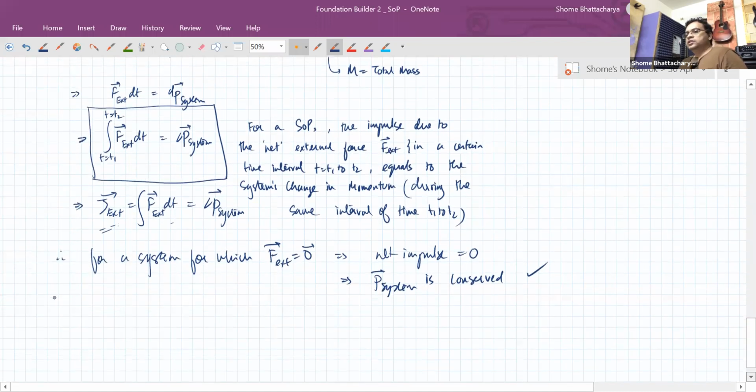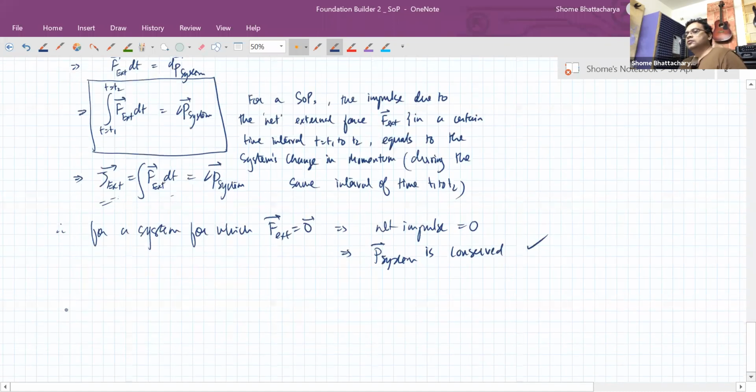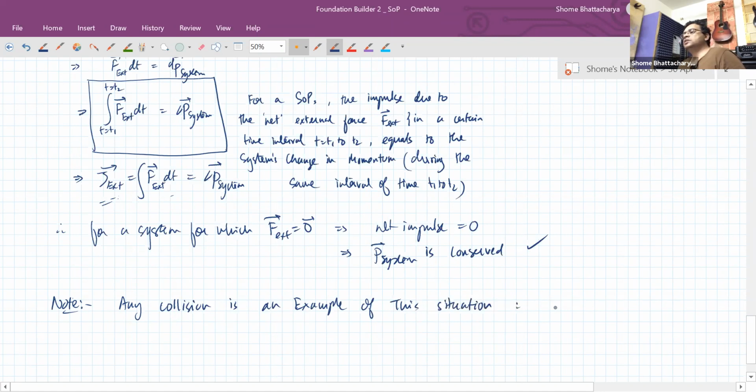So collisions, any collision is an example of this situation. Which situation? That the net external force is 0. So net external impulse is 0.